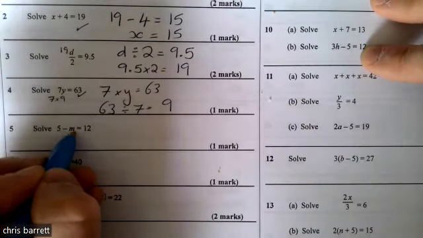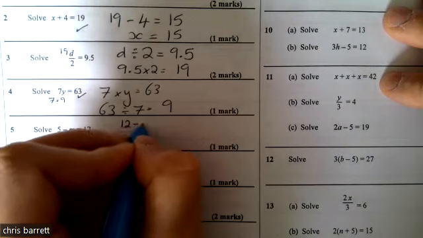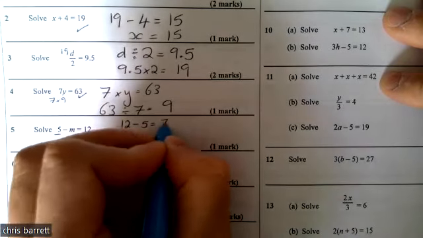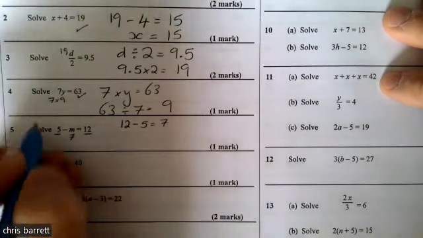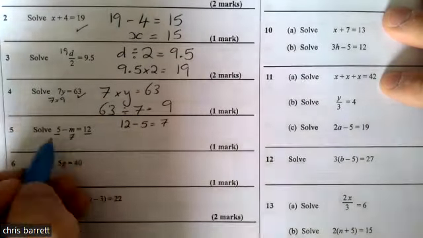I'm going from a smaller number to an answer that's now larger, and I've got a subtraction sign, which doesn't normally work unless we use some of those rules to do with adding and subtracting. So first thing I'm going to look at is the difference between these two numbers. I'm going to do 12 subtract 5, which gives me 7. So if I put 7 in here, I've got 5 subtract 7, which is minus 2. But if I've got 2 negatives next to each other, that's going to give me a positive.